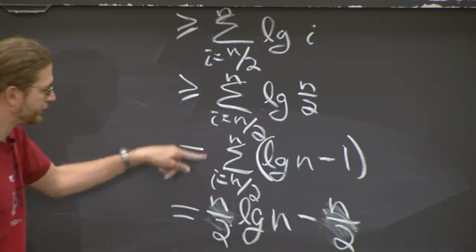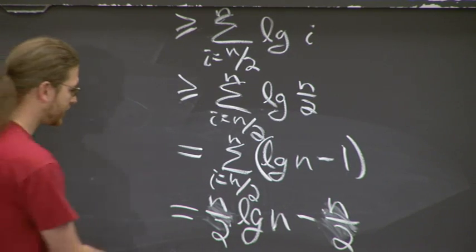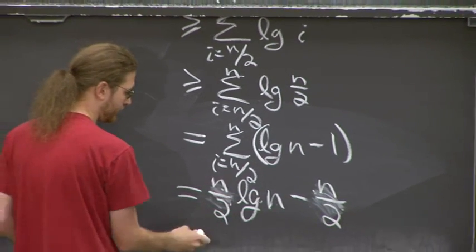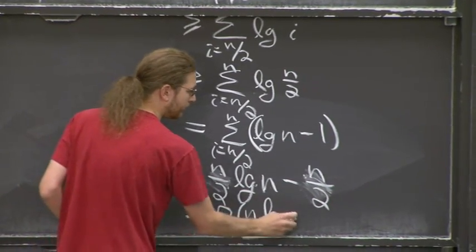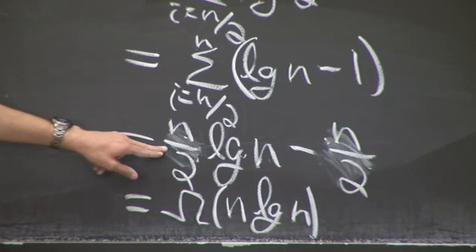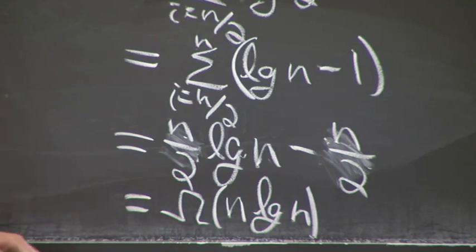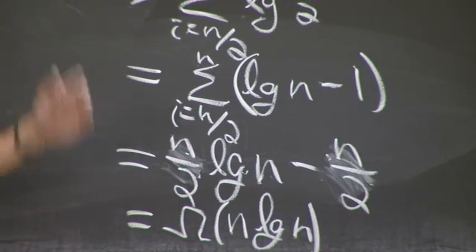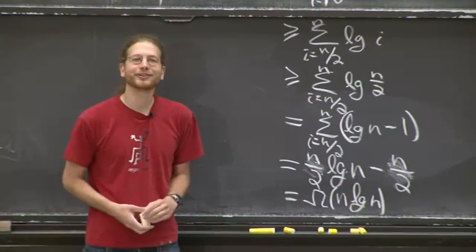Sorry, there's only n over 2 terms here, ignoring floors and ceilings. So I get n log n divided by 2 roughly. So this is omega n log n, because the n term is smaller than n log n. This one dominates, and the other one is negative because it's smaller. So this is omega n log n, and we're done. Sorting is omega n log n. Very easy. Who said summations?